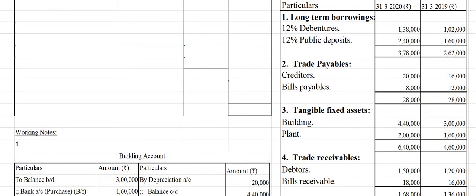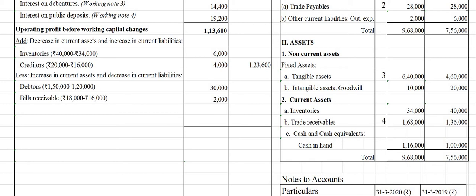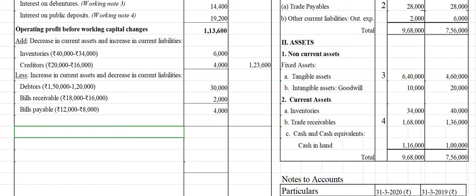Next, here decrease in current liabilities. So creditors already taken. Bills payable decrease from 12,000 to 8,000. 4,000 is the decrease. That should be shown here. So bills payable, its decrease is shown.